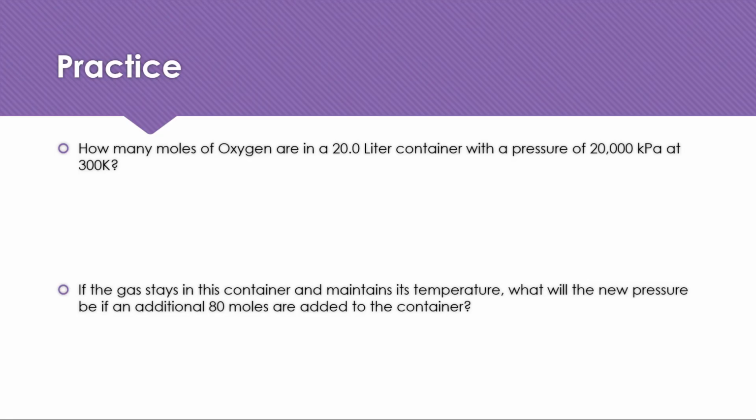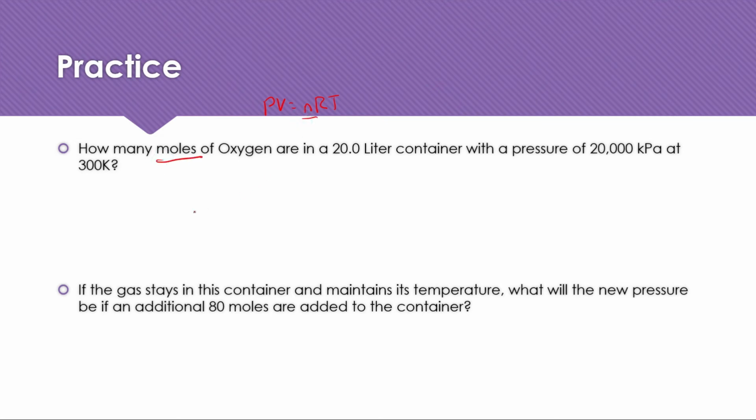So for both of these problems, we're going to be using the ideal gas law, which is PV equals nRT. The first one says, how many moles of oxygen are in a 20-liter container with a pressure of 20,000 kilopascals at 300 Kelvin? So first things first, number of moles we're solving for, which is the n.